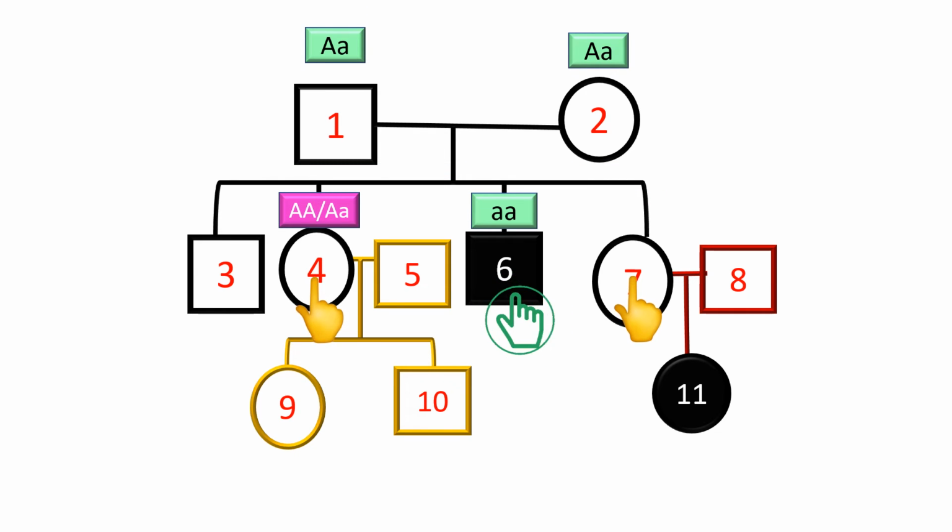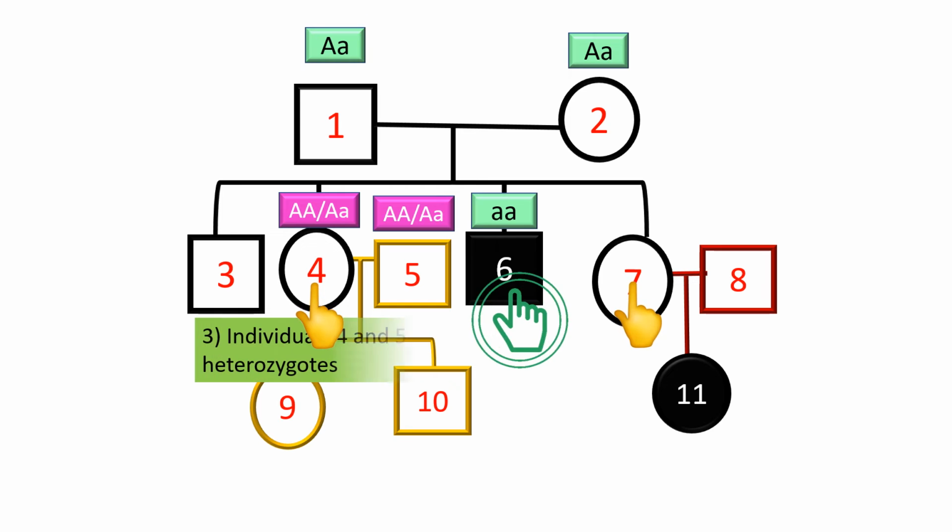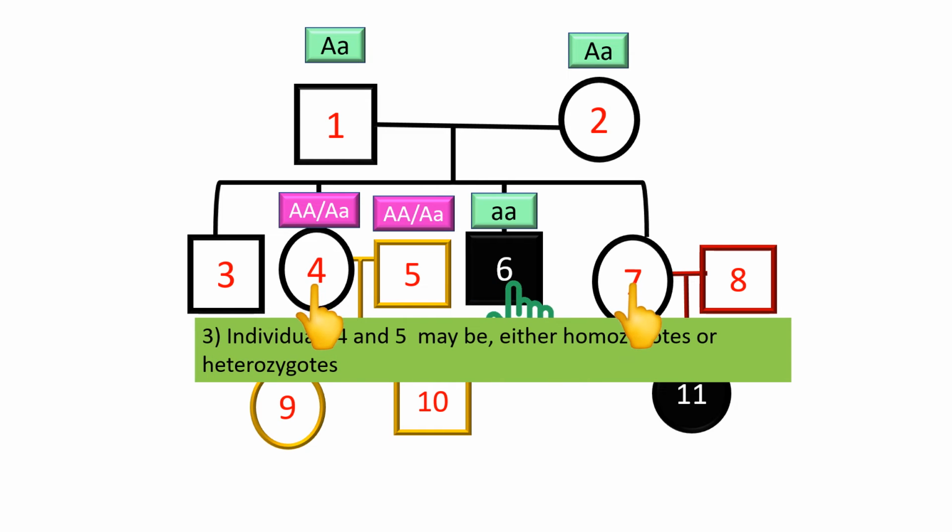The daughter indicated by number 4 may be either homozygous dominant or heterozygous, since there is a chance to get 2 dominant alleles, one from each parent, or 1 dominant allele from one parent and the recessive allele from the other parent. Her husband indicated by number 5 may also have a homozygous dominant or heterozygous genotype. The third statement is therefore also correct.